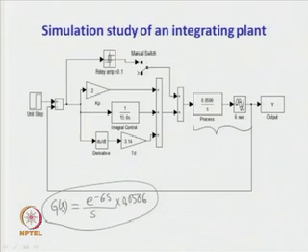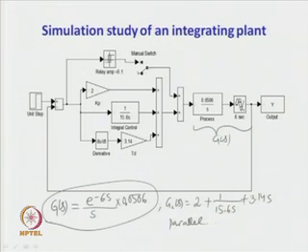So, this is the process G(s). Now, the controller dynamics is written as GC(s) equal to 2 plus 1 upon 15.6s plus 3.14s. So, again we have a parallel PID controller in the feed forward path.